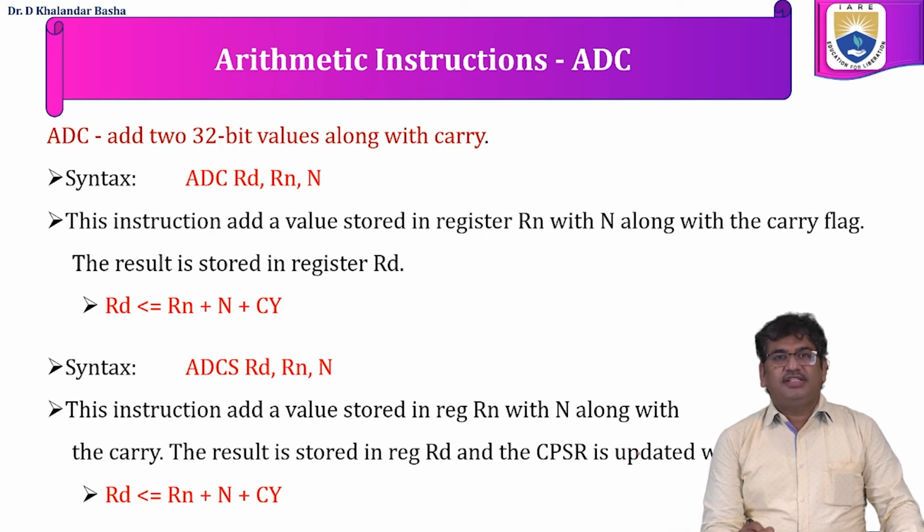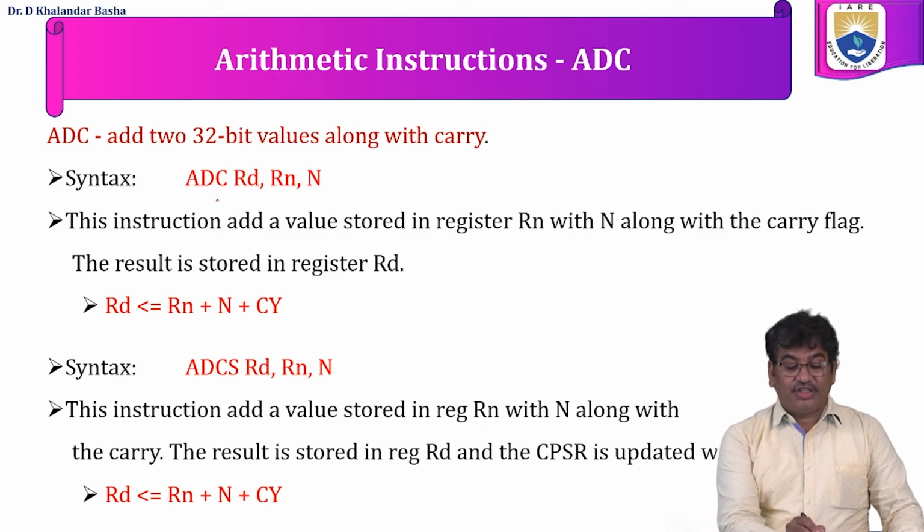The next instruction is ADC, add with carry. This instruction adds two 32-bit data values along with the carry flag. The syntax of the instruction is ADC RD, RN, N. Here RN contents will be added with N along with the carry flag and the result will be placed in the RD register.